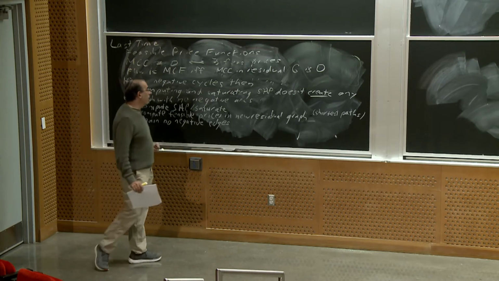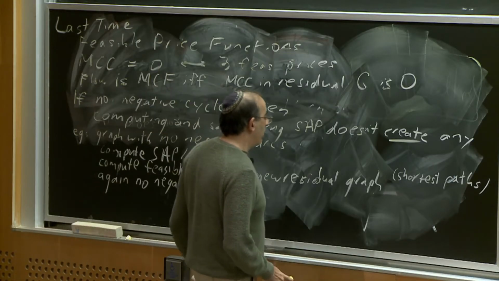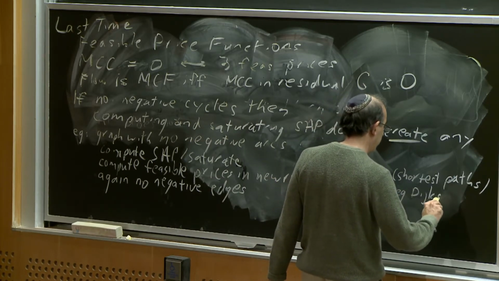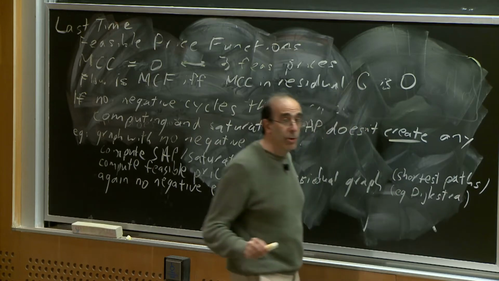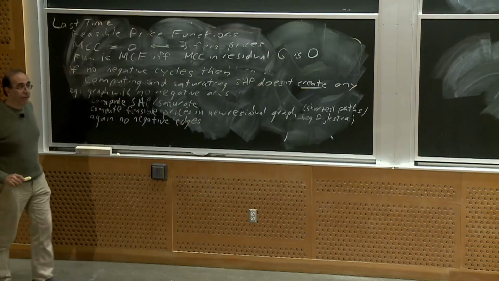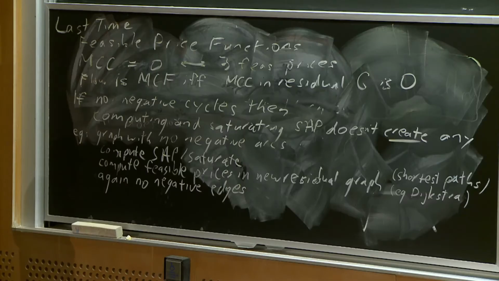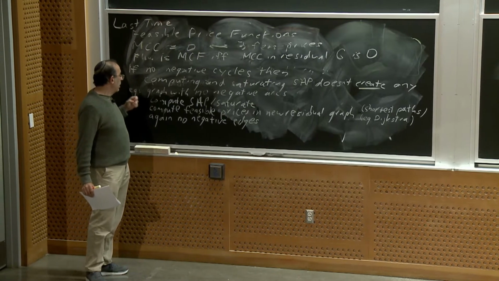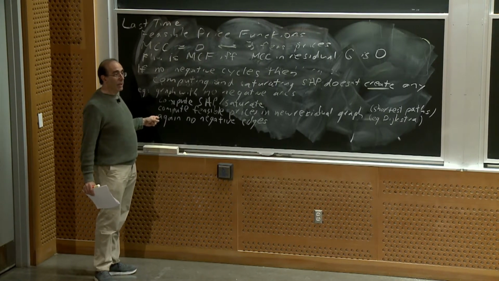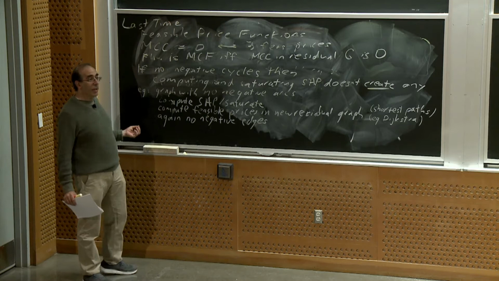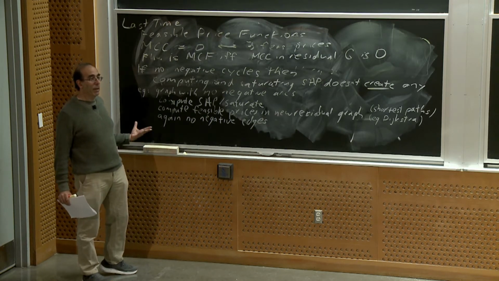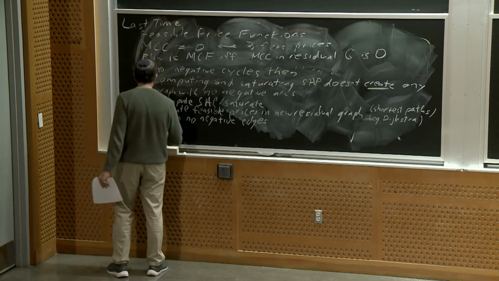And if you have no negative edges, you can, of course, use Dijkstra's algorithm to compute those distances. So this whole process of computing the shortest augmenting path and then augmenting along it and ending up with, again, no negative cost edges, that's going to take order m time per shortest augmenting path computation, or order m log n.